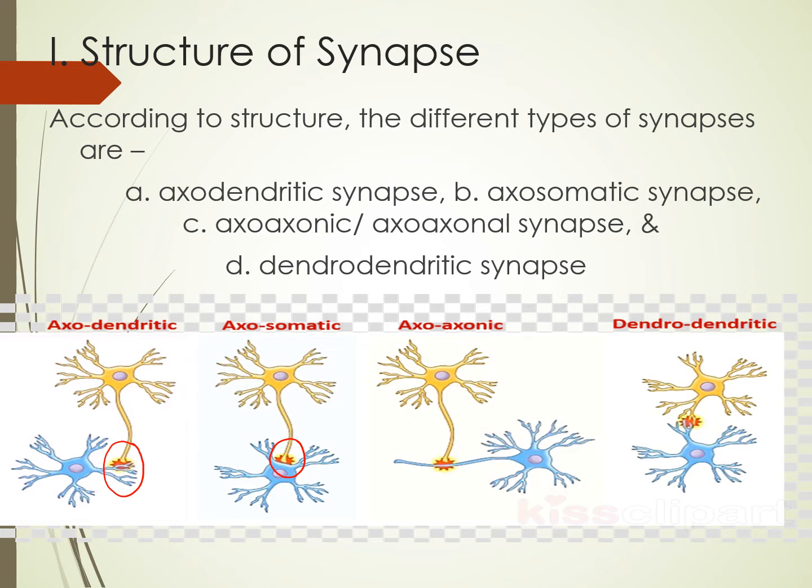The third one is the axoaxonic synapse, where the presynaptic neuron's axon and the postsynaptic neuron's axon both form the synapse. And the fourth one is the dendrodendritic synapse. Over here, the dendrites of both the presynaptic and postsynaptic neurons are involved. This is the synapse.